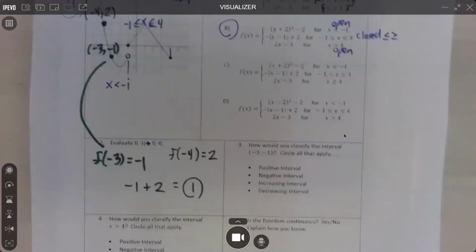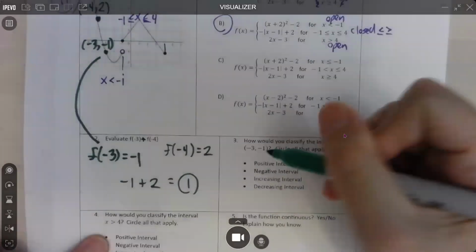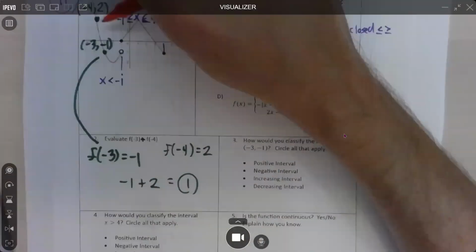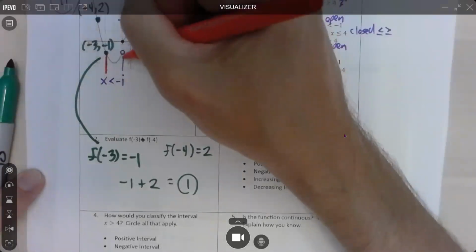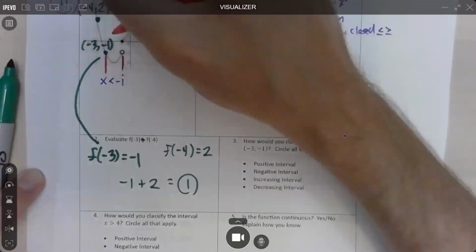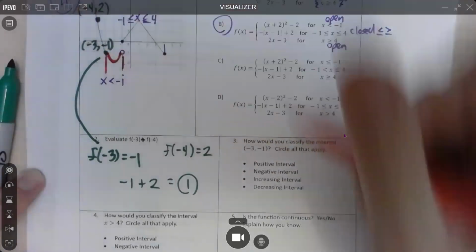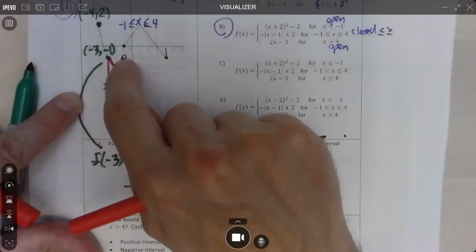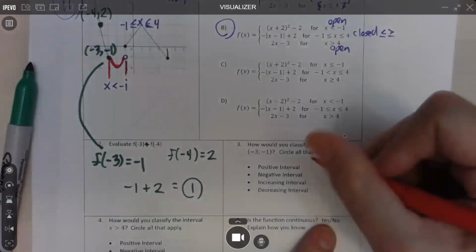Number 3, how would you classify the interval -3 to -1? So if I go to -3, here's -3 right here, and here's -1. Now if I look at that, from -3 to -1, you're going to notice that that graph is below the x-axis. Now part of it's going down, part of it's going up. So you can't classify it as increasing or decreasing because it goes up and down.